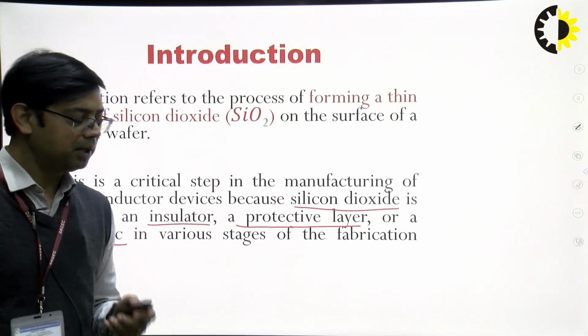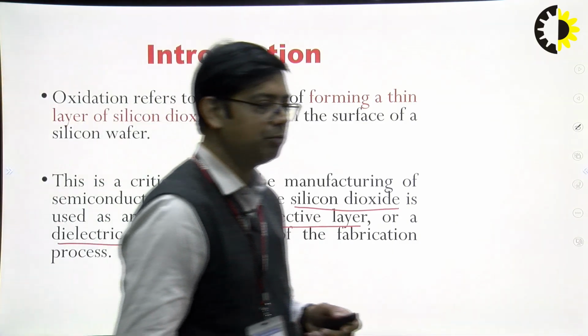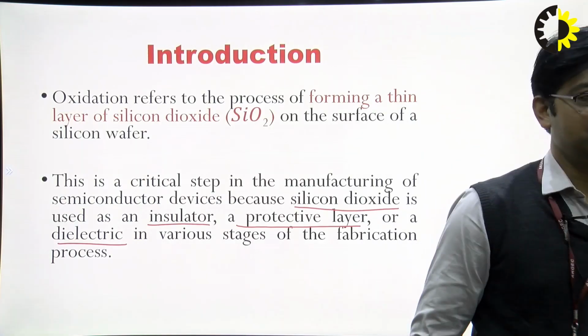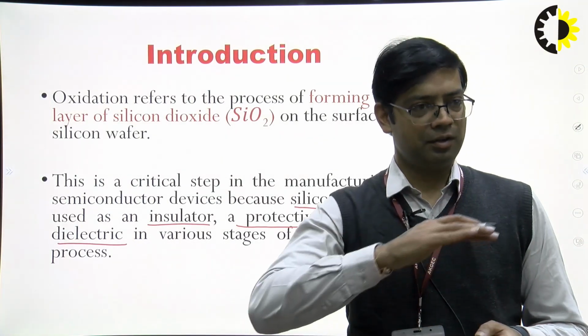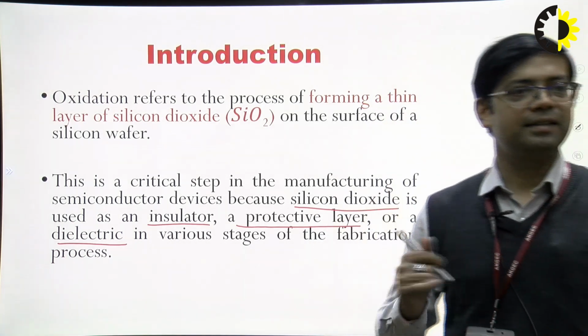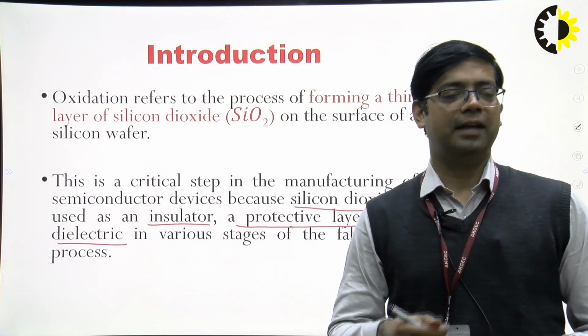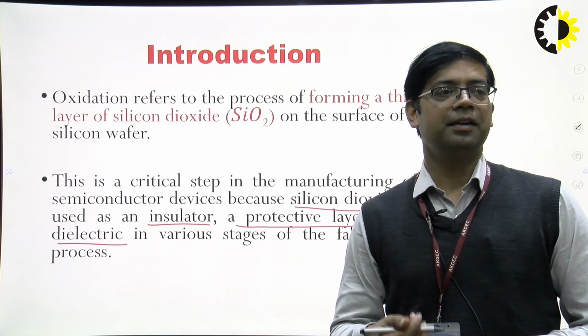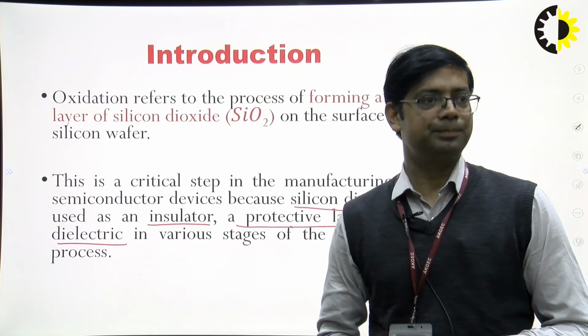So, there are multiple uses of forming an oxide layer on the surface of the wafer. That is, it acts as an insulator, it acts as a protective layer and it acts as a dielectric.